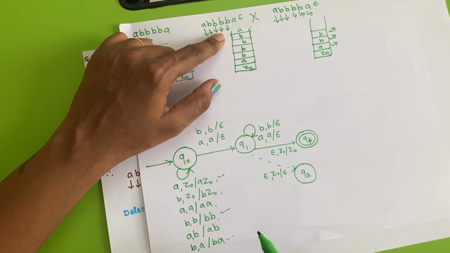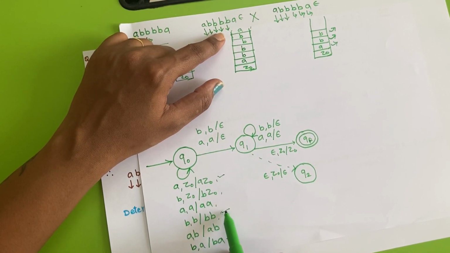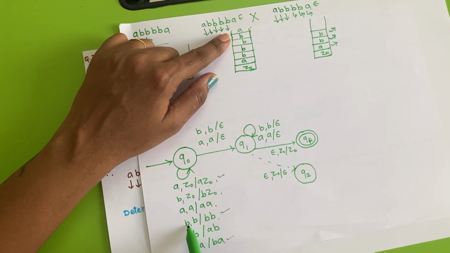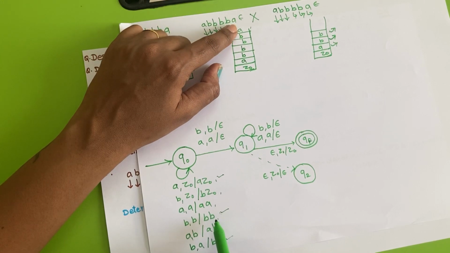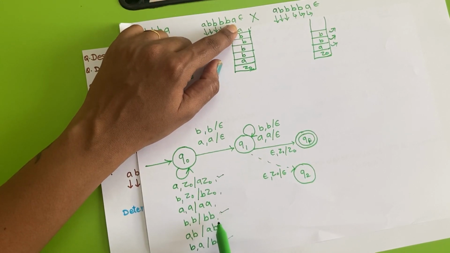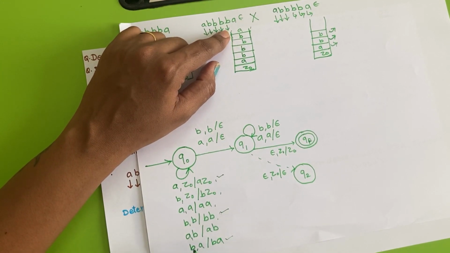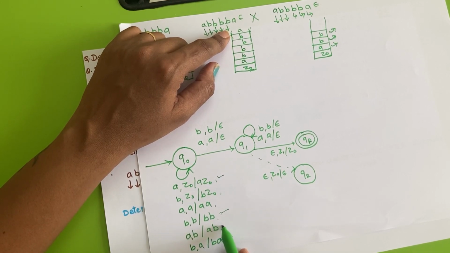For the fourth B, again this transition will be executed because top of stack is B and input symbol is B again. For the fifth B, we have again the same transition. At last we are reading input symbol A and top of stack is B, so the same is the case, we are performing a push operation by executing this transition.